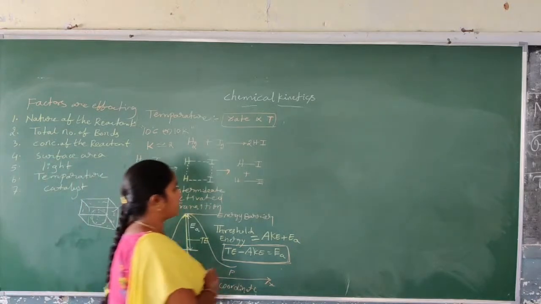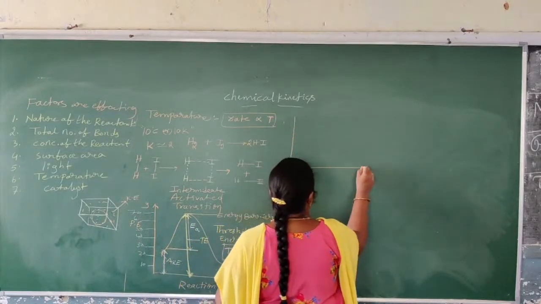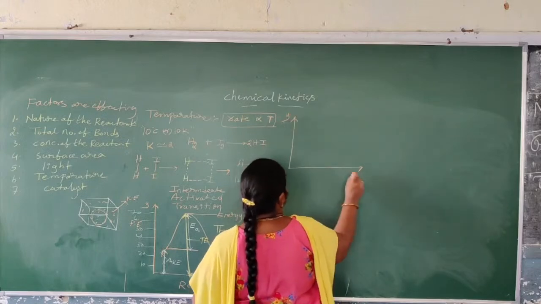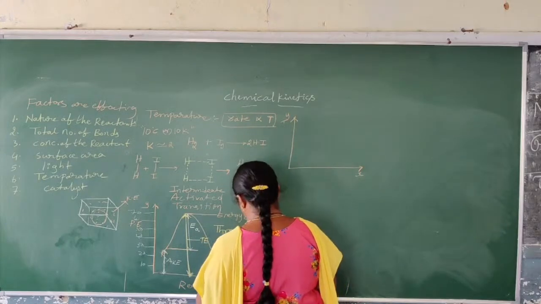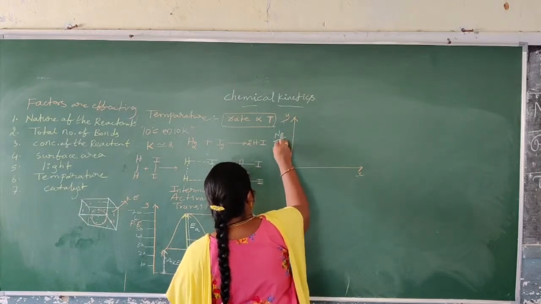So that's why we take it in a graph. So this is the graph now. On the y-axis we are taking the fraction of molecules, that is Ne by Nt.